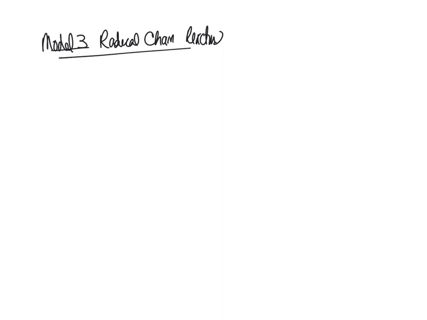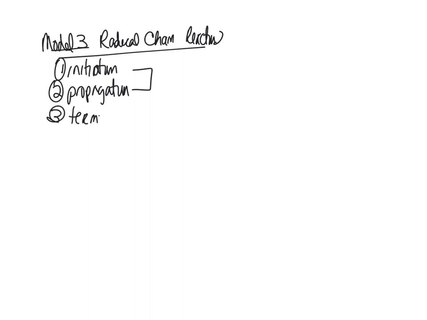You need to be able to draw these. You're going to have open responses on these. So yes, you're going to have initiation, and that generates the free radical. You're going to have to draw propagation. I don't require you to draw termination steps, but you will be expected to do that on Sapling.